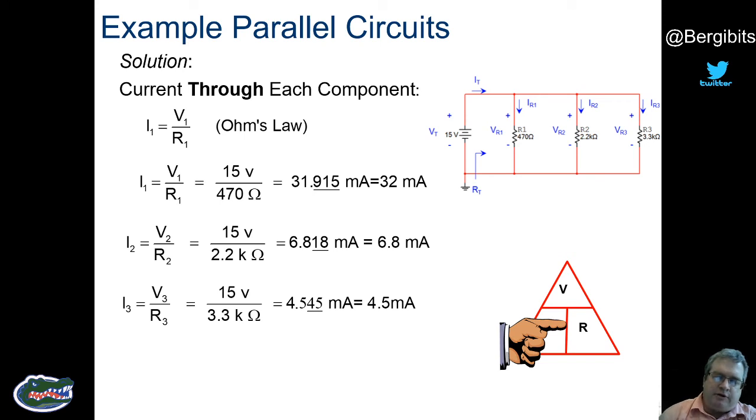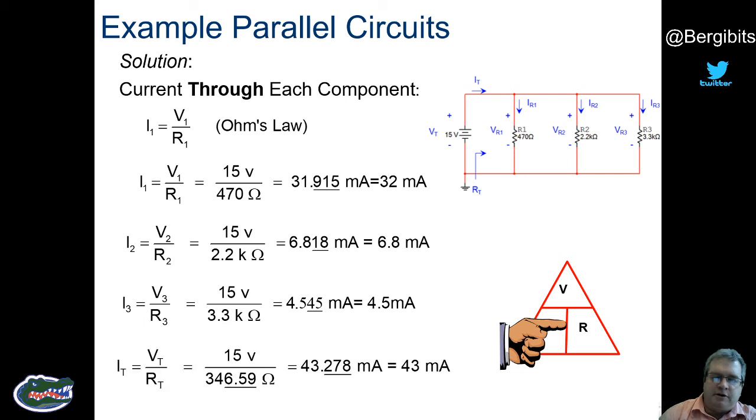Current on 3 is 15 divided by 3.3, which is 4.545 milliamps. And current total equals voltage total, which is 15 volts, divided by resistance total, which was 346.59 from the previous slide, which equals 43.278 milliamps, rounded down to 43 milliamps.